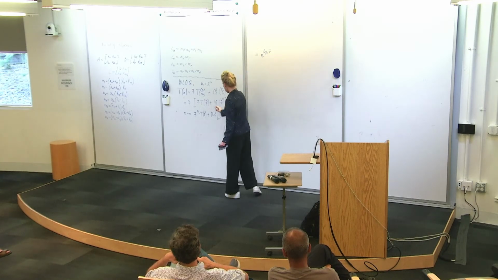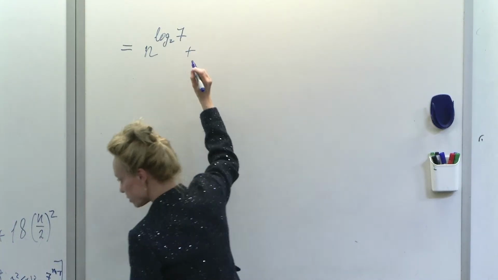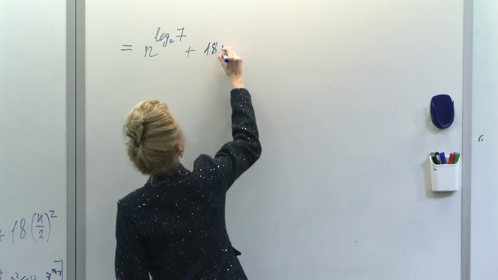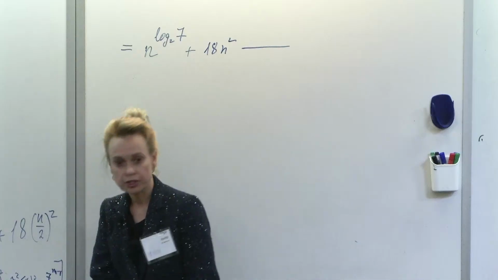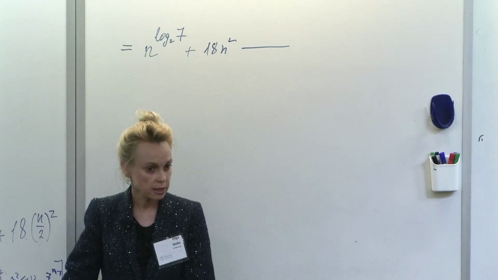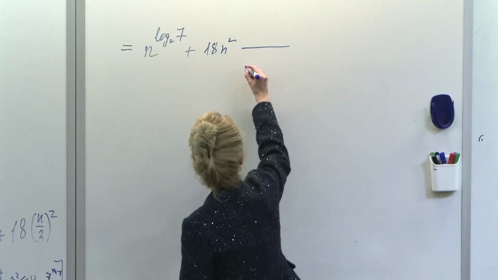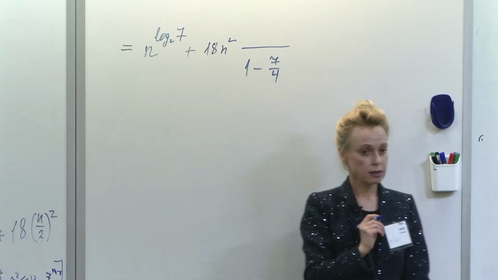Okay, cool. And what about this stuff? We have this geometric progression, so let's just rearrange. 18n squared. We have 1 minus, what's the ratio of this geometric progression? 7 quarters, I suppose, right? 7 quarters is the power that gets repeated.